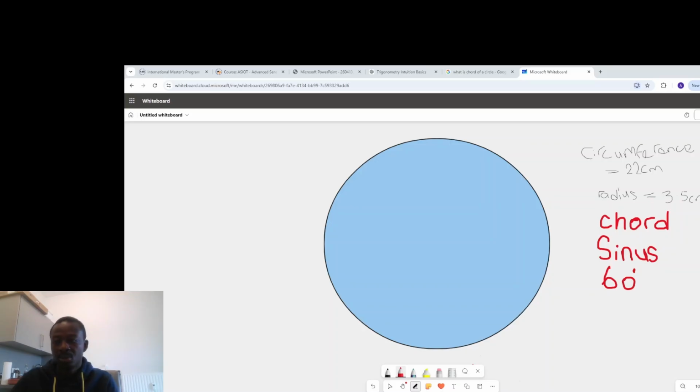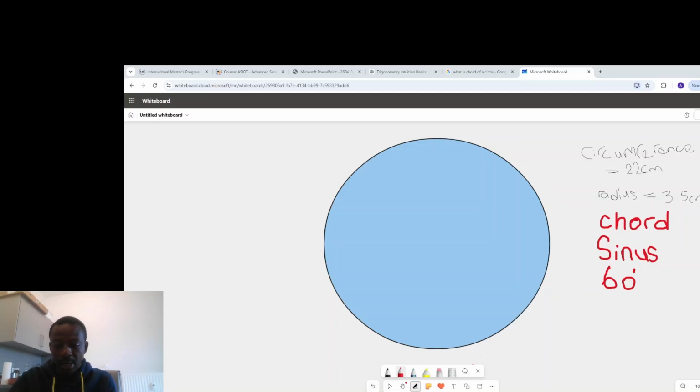So I'm going to take the properties of the lid which I measured in the previous video for this demonstration. In the previous video, I measured the circumference of this to be 22 centimeters. The radius is 3.5 centimeters. So I'm going to use the same thing to explain these things.